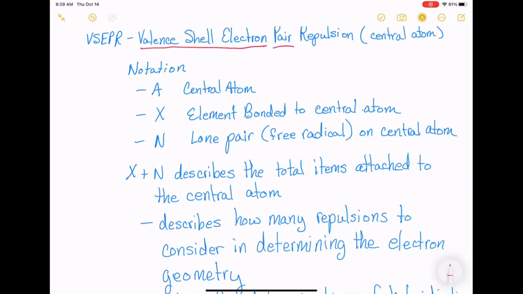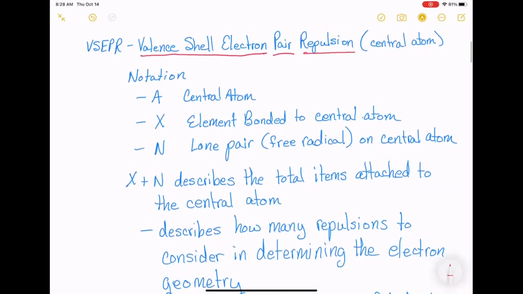When we place the electrons on the atoms in the Lewis structures, we always did so in pairs. And electrons are negatively charged, and so we will be talking about the electrons repulsing so that they're as far away from each other as possible. When we're talking about valence shell electron pair repulsion, we are paying attention primarily to what happens to our central atom.